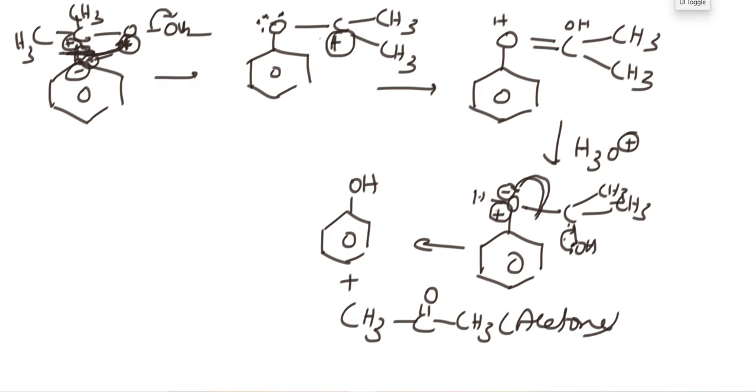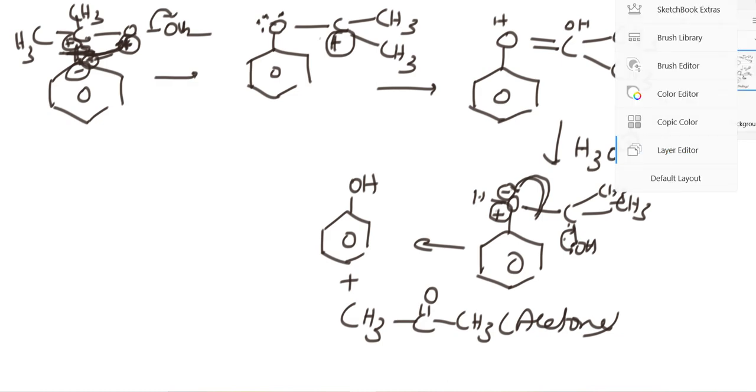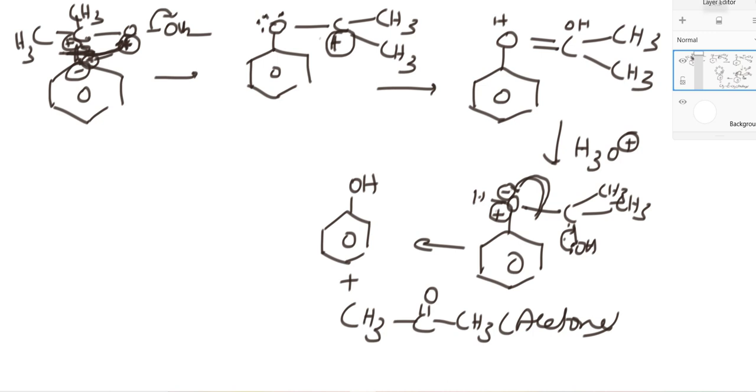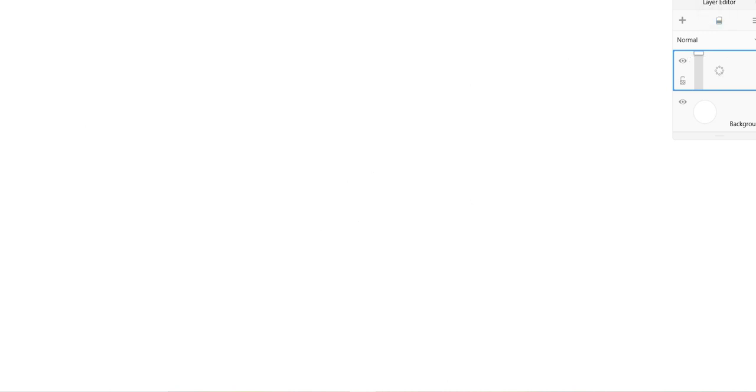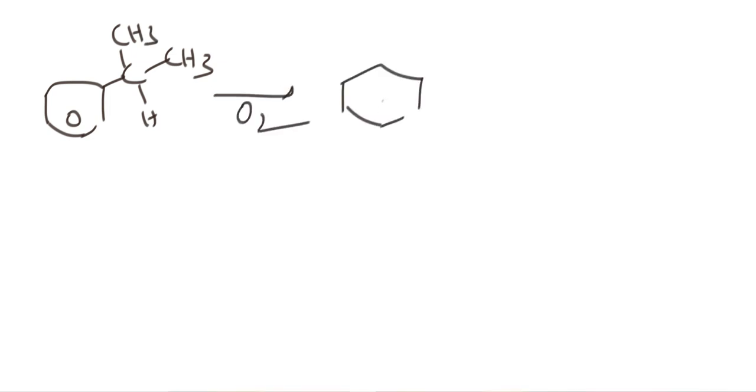Now if you feel this much mechanism is very tough to remember, then directly take cumene. I will tell another method. A very simple method: this is CH, CH3, CH3, with O2, then you are going to get C, CH3, CH3, OH.